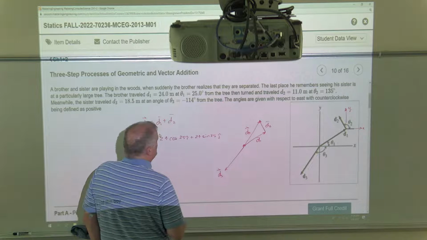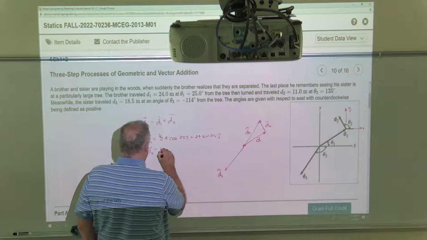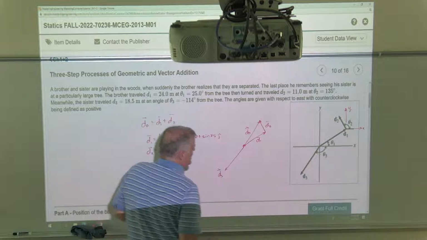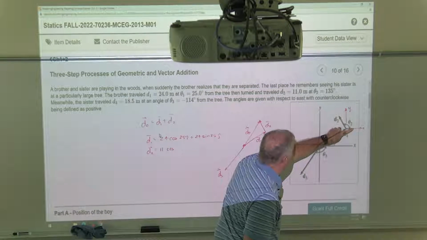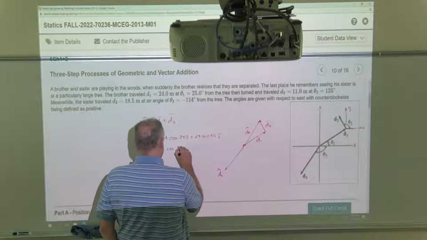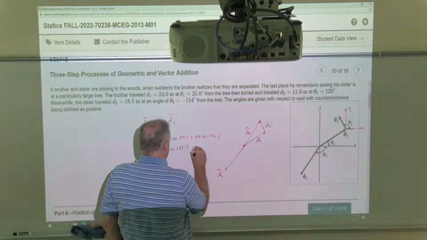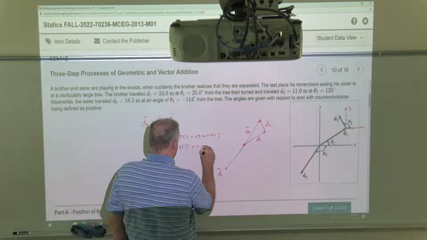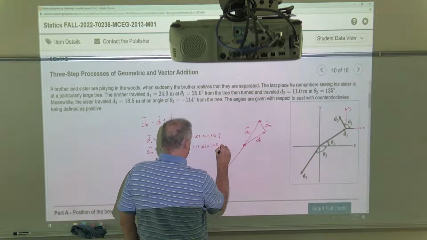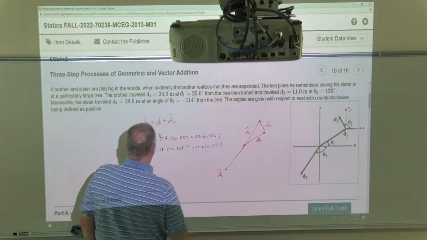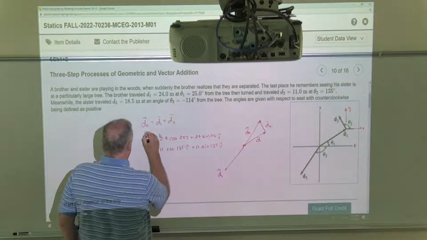D2 would be 11 cosine of the angle that collapses it to the x, which is 135, i plus 11 sine of 135 j. That gets you your D0.